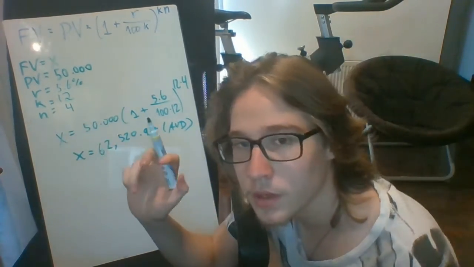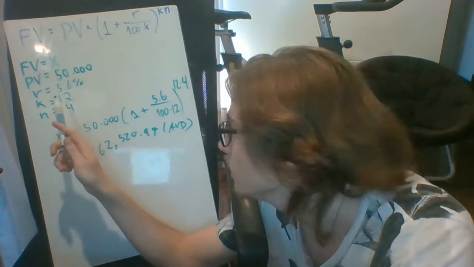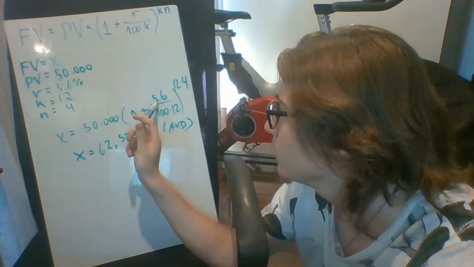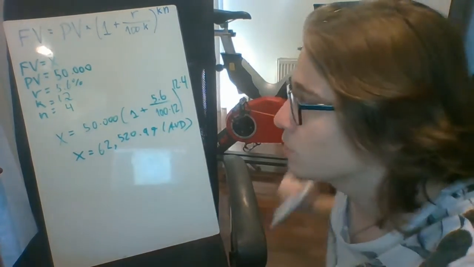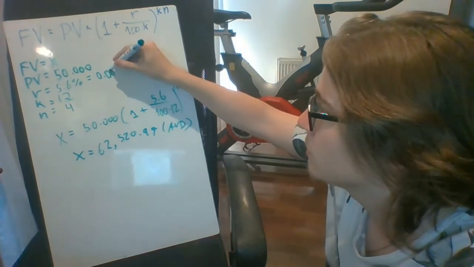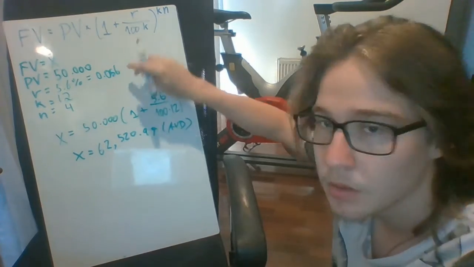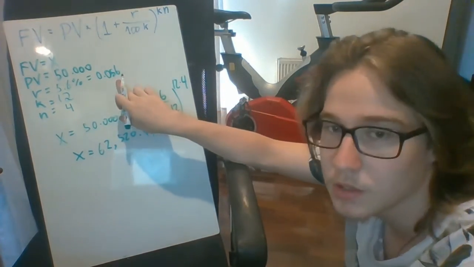One thing I want to point out here: for R, we know that it's 5.6%, and you might be thinking, if it's a percent, I should write it as 0.056, because that's the same as 5.6%.